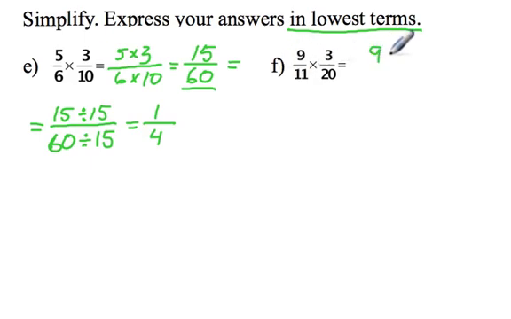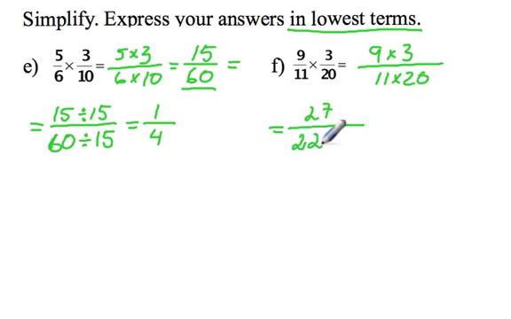So again, we will multiply the numerators and we will multiply the denominators. That equals 9 times 3 is 27, and 11 times 20 is 220. Now you would have to check whether they have a common factor, and once you are sure there isn't a common factor, then you know that this is the answer in lowest terms.